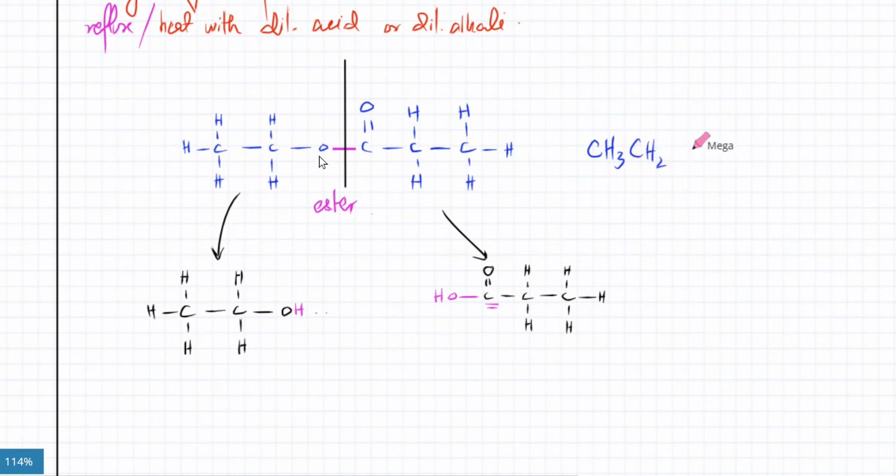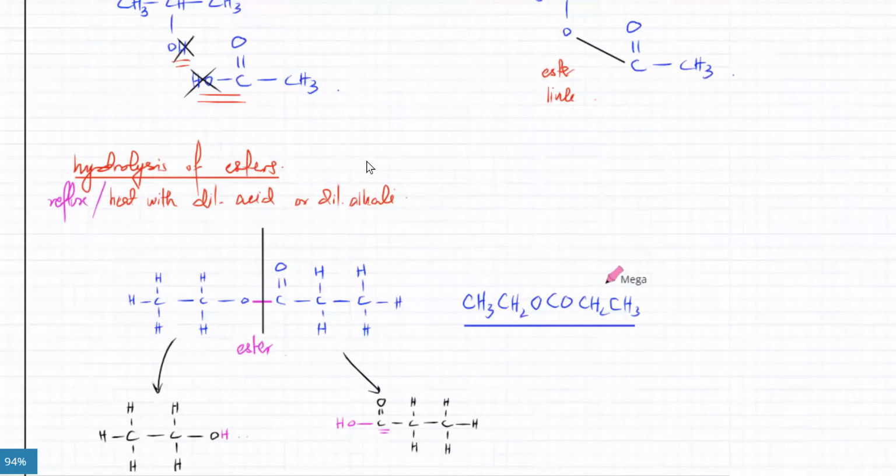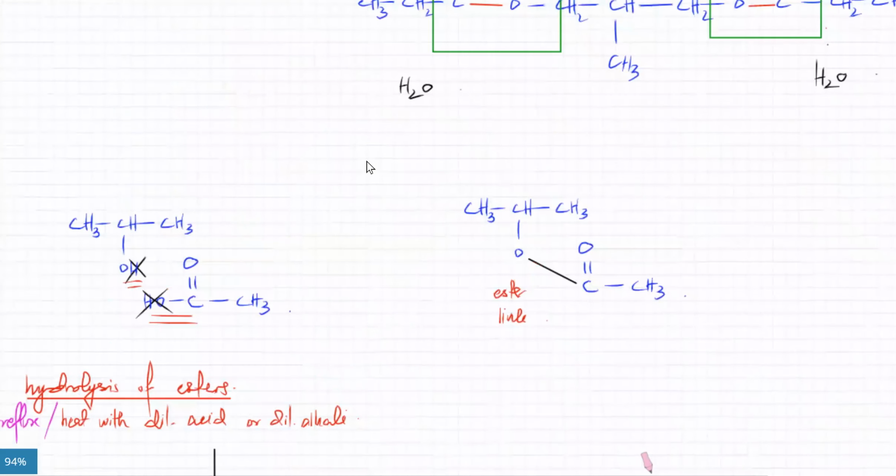Then you have an O. Then you have a CO, C with an O. So then you have CH2, and then you have CH3. Okay, so that's a condensed version. So whenever you see a condensed version and you see this thing CO with an O, that means it's an ester.